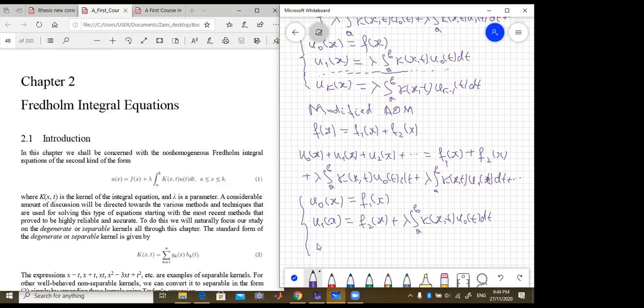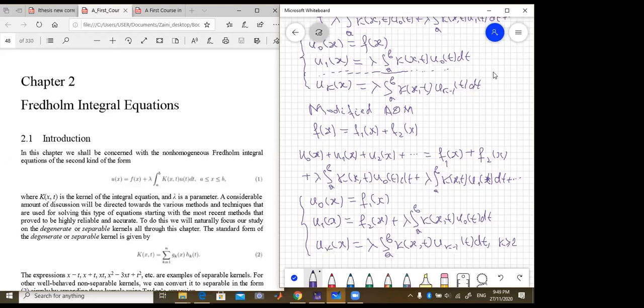Now the rest is the same. I just put here uk of x. So uk of x is just lambda integral from a to b k(x,t) u(k-1) of t dt. So here k starts from 2.